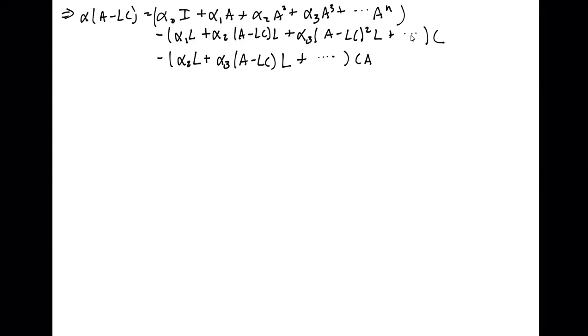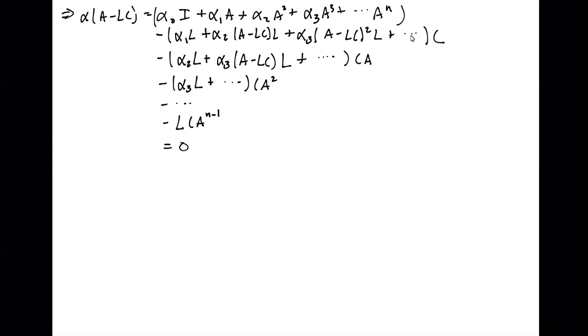And then the next quantity is minus alpha 3 L, and hopefully we're starting to see some similarities here, times CA squared. And then we can take this out, we go minus dot dot dot minus L times CA to the n minus 1. All right. And then this quantity is equal to 0.